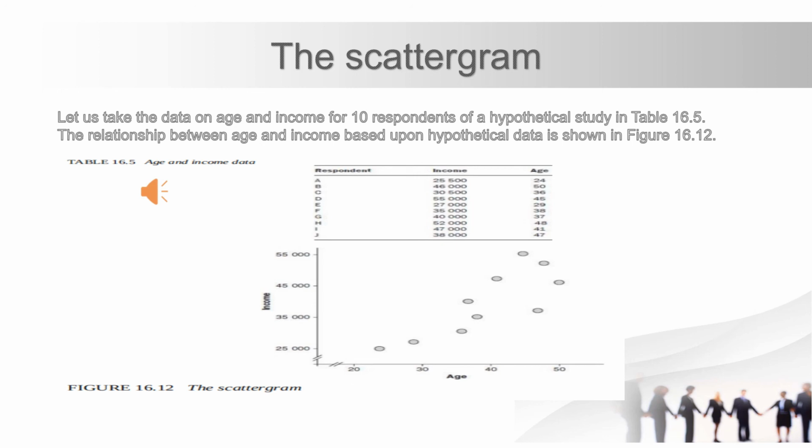After that, it is transcribed into the form of a scattergram. In the scattergram, you have the dots there, and at the bottom you have the age, and corresponding on the left side is your income. So the relationship between age and income based upon hypothetical data is shown in figure 16.12, your scattergram.